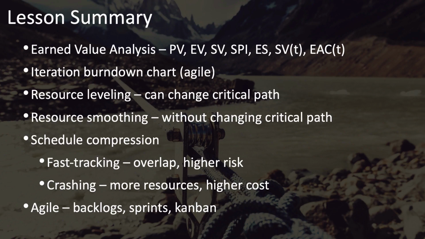Resource smoothing, which is limited to not extending the end date. Schedule compression techniques, including fast tracking by overlapping tasks and increasing risk, and crashing by adding more resources and increasing costs. As well as Agile approaches that use backlogs, sprints, and on-demand or Kanban techniques to manage the work.